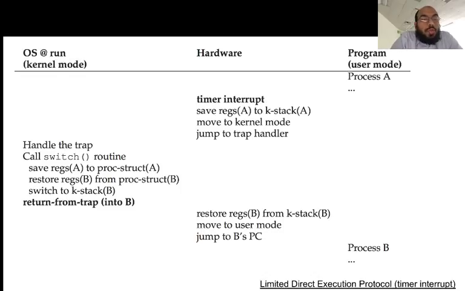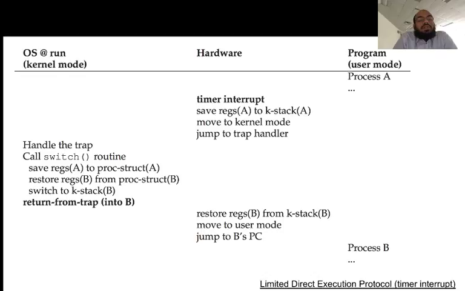You call a switch routine, which is basically your scheduler, which saves the registers of A to the PCB, the process control block, the process structure of A. You restore the registers of B from its PCB, its process struct. You switch to the kernel stack of B.